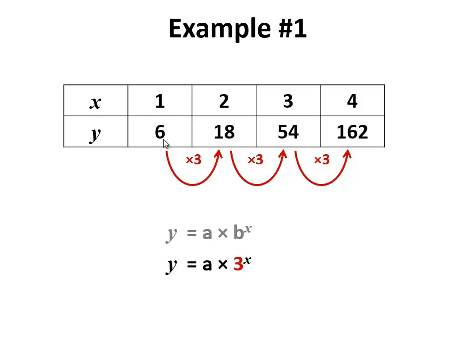Well, 3 to the 1 is 3, but we've got 6, so we need a correction factor here. If we take 3 and go back one term, then we would get a 2, and so that's our formula. It's 2 times 3 to the x. The 3 is the multiplication, the 2 corrects the starting point.